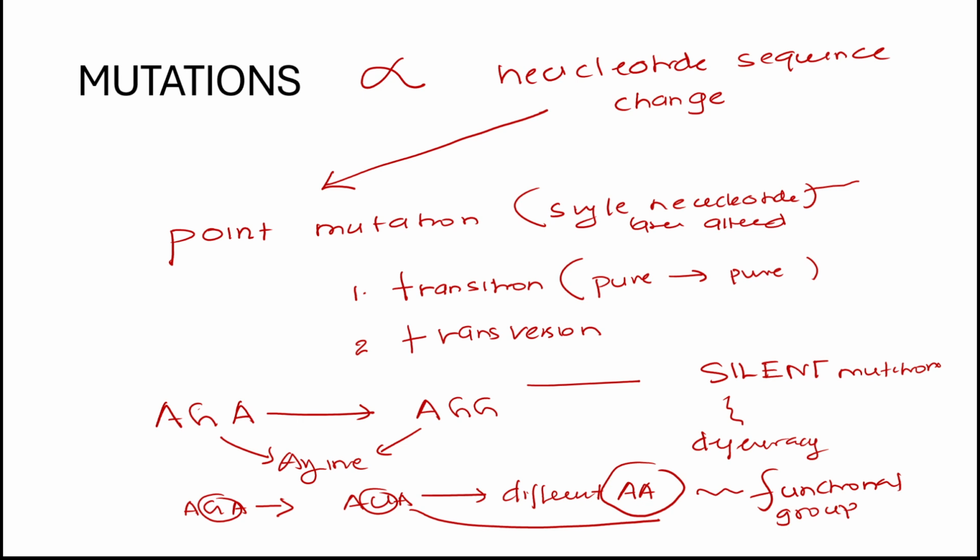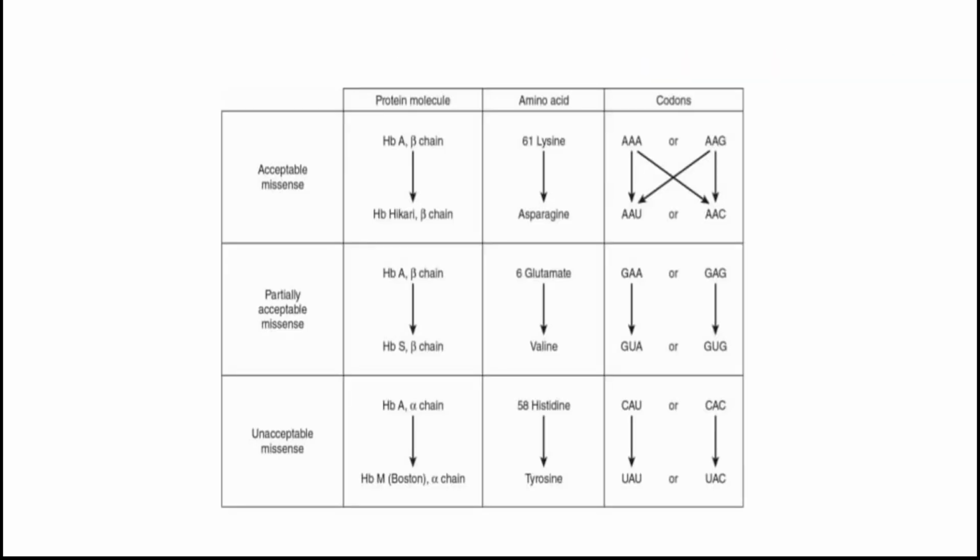So, because of the same functional groups and the same functionality of the amino acid, the mutations will not be very drastic. Hence, there is a possibility that it could be acceptable, sometimes even partially acceptable. But there's a possibility it can be unacceptable as well.